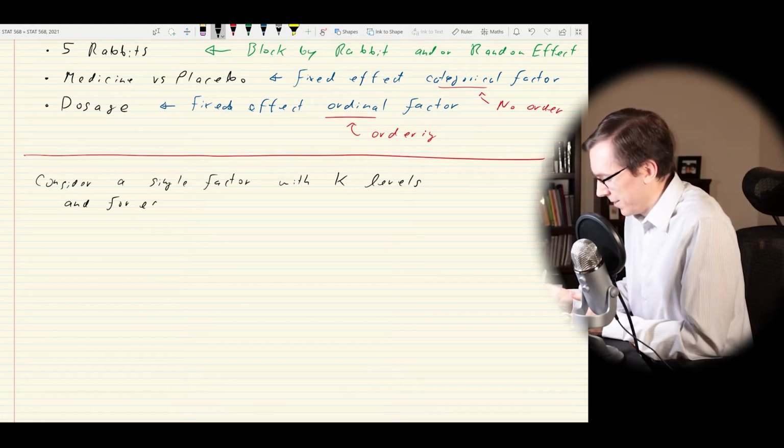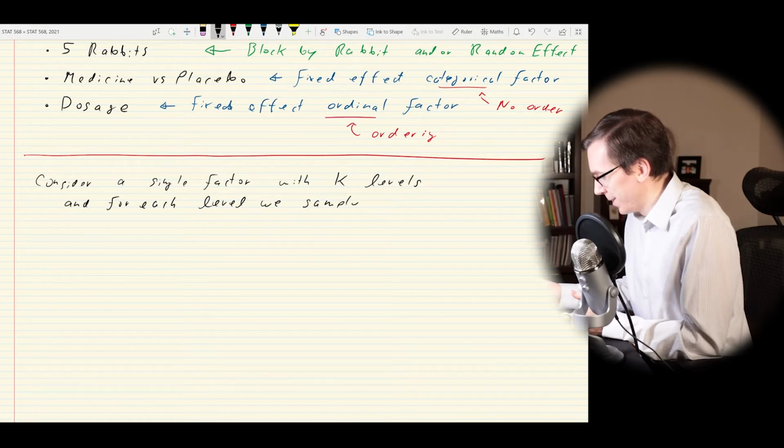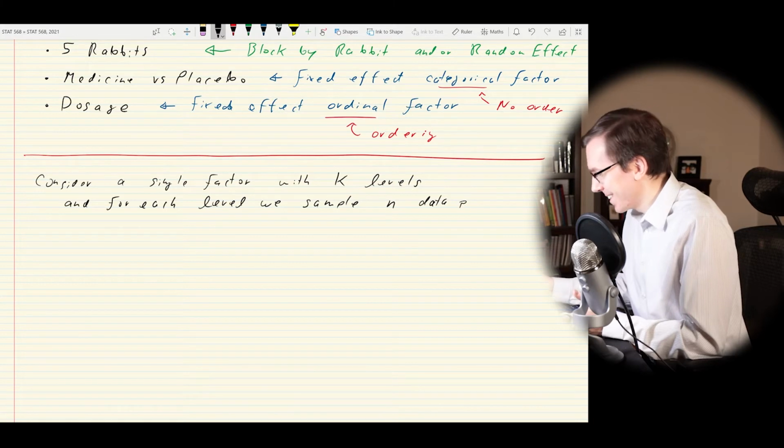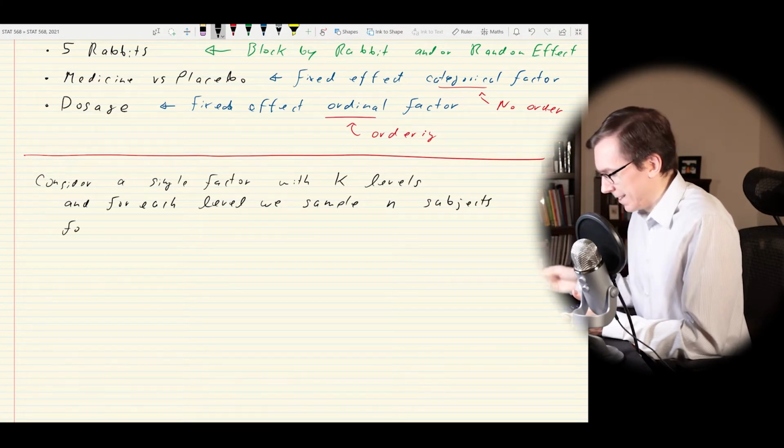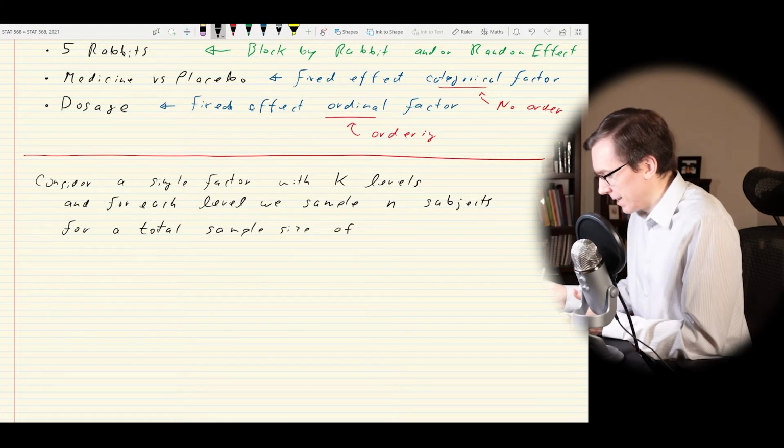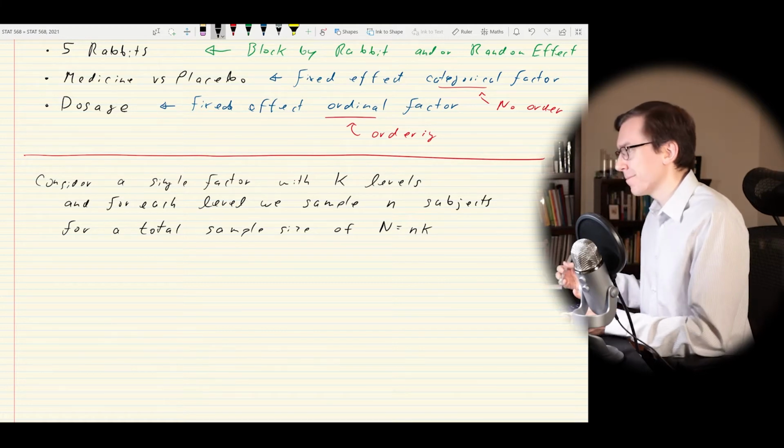And for each level we sample n, little n, data points, or subjects, for what becomes a total sample size of big N, which is going to be little n times K.